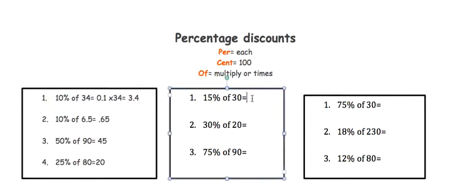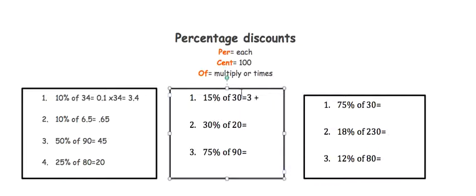Okay, so 15% of 30. So now you can figure this out by saying, well, what is 10%? Well, that's 3. And then you can find out what 5% is, and add that on.